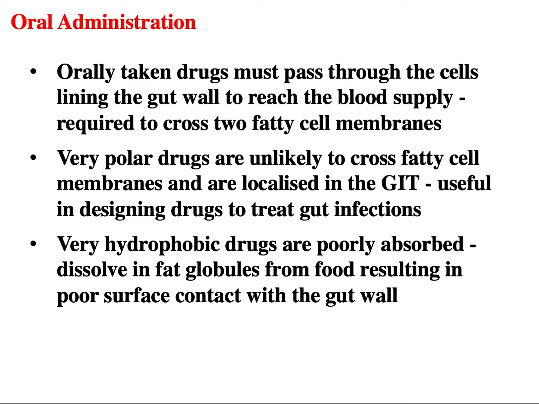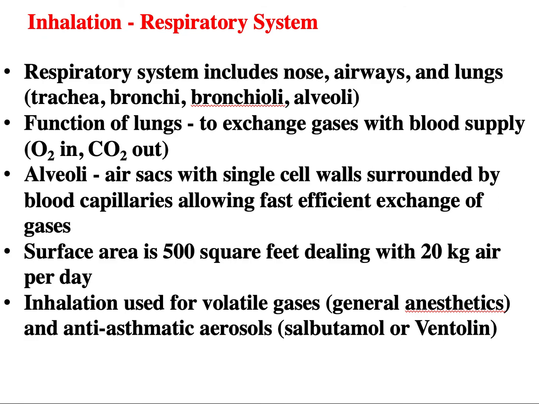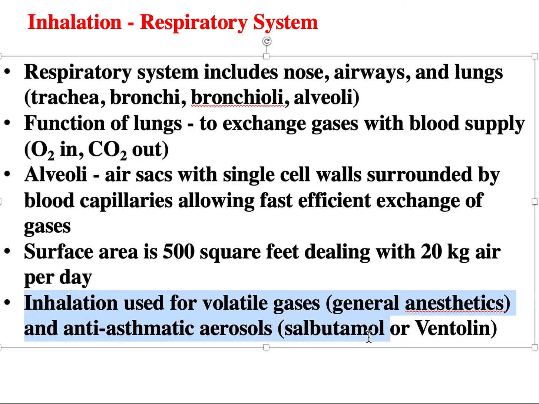Very hydrophobic drugs are also not going to cross. We said very hydrophilic drugs like doxorubicin aren't going to cross, and if they're too hydrophobic, they won't cross either. Inhalation is pretty impressive, but again, like I mentioned, this is general anesthesia or an anti-asthmatic aerosol.